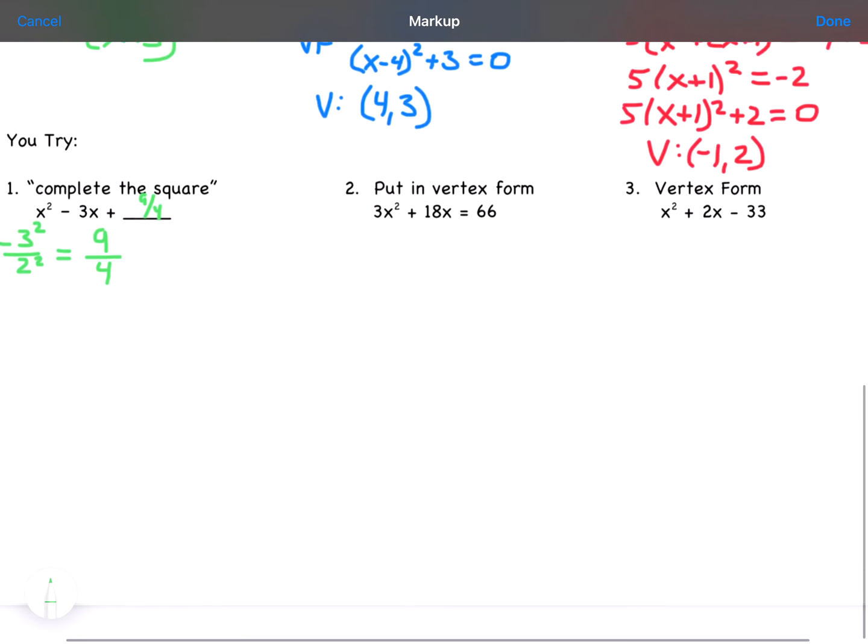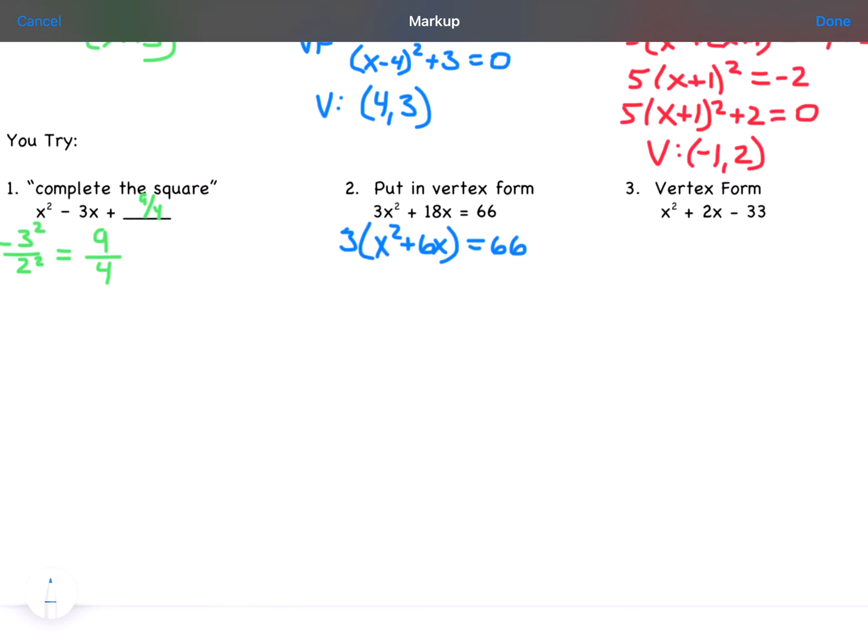All right, we have number 2, 3x squared plus 18x equals 66. So the difference here is that now the 66 has already been moved over. So we don't have to do our step 1. We go right to step 2, divide our a value out. So it's 3 times x squared plus 6x, and that equals 66.